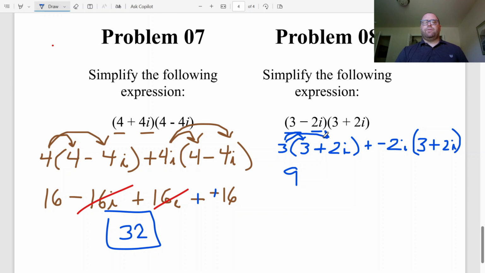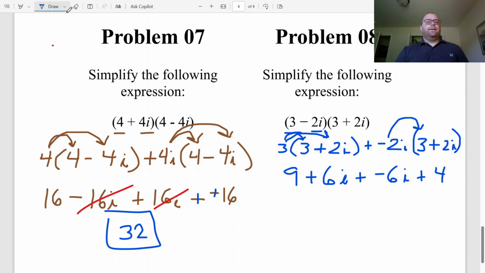Do 3 times 2i, which is plus 6i. And then we have minus 2i times 3, which is minus 6i. And then minus 2i times 2i is minus 4i squared. Remember, i squared is negative 1, so it's going to be plus 4.